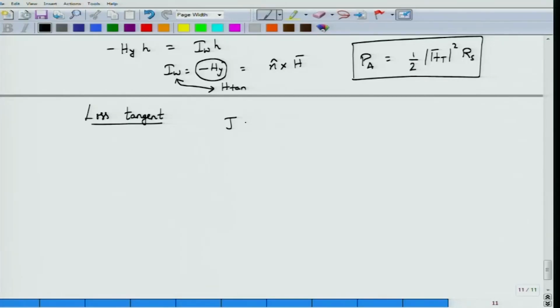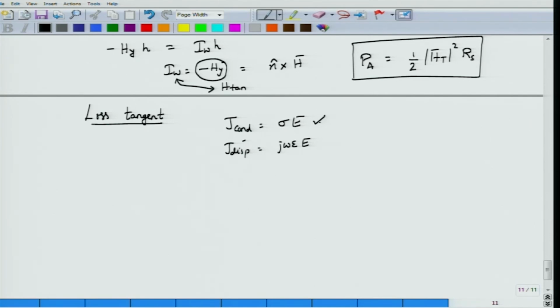Okay. What is the total current inside a material when there is conduction as well as displacement current? You have conduction current given by sigma E, right, and the displacement current is given by j omega epsilon E, assuming that electric fields and all the other field quantities go as e to the power j omega t.